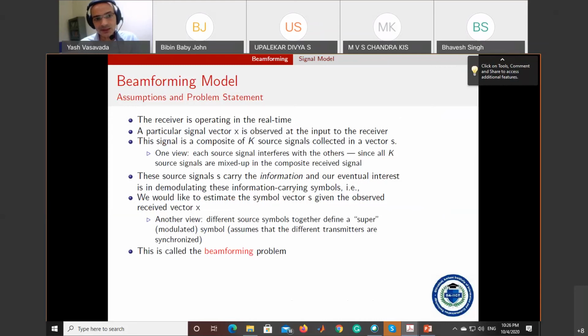All of you would have heard of beamforming, and some of you have actually already started working on it. But what I wanted is for you to take a step back and look at what we are actually doing when we say we are doing beamforming.